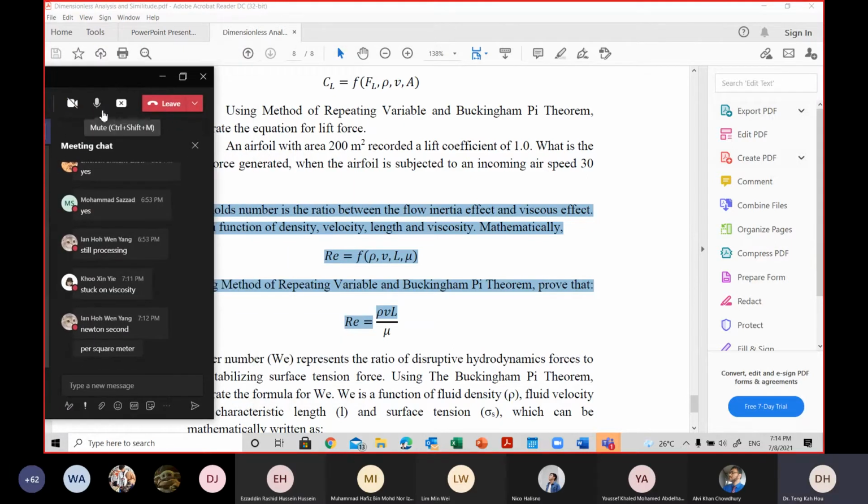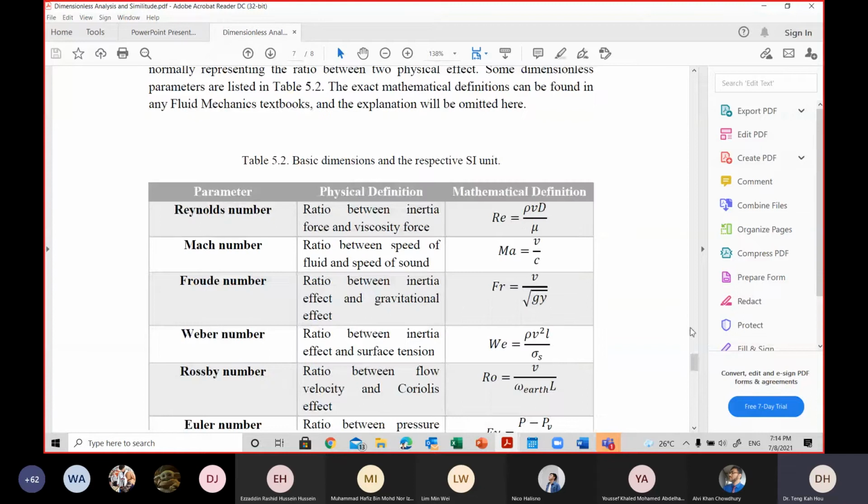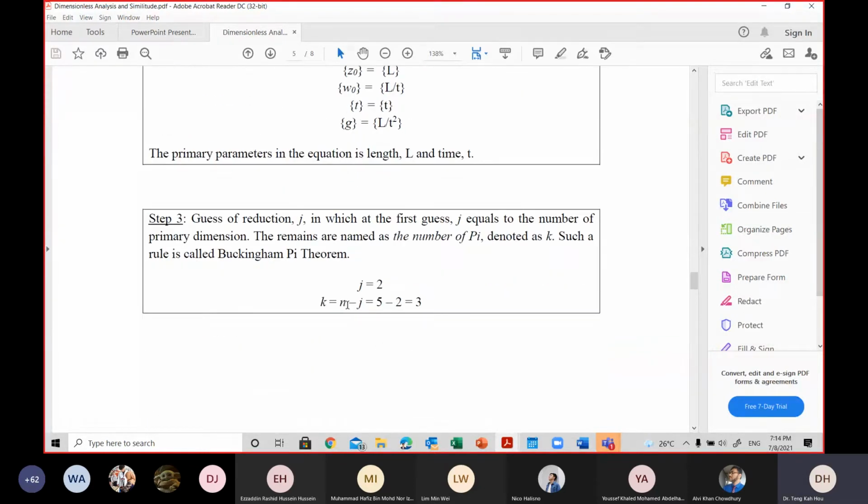Okay, and maybe let me highlight another common mistake. Even though it's a well-known mistake, I know you think it wouldn't happen, but somehow it happens. It's when you talk about those formulas, k minus j, right? Even though you know you are using n minus j, 5 minus 2, somehow you still make a mistake over here, and that's why you get stuck for the whole question.